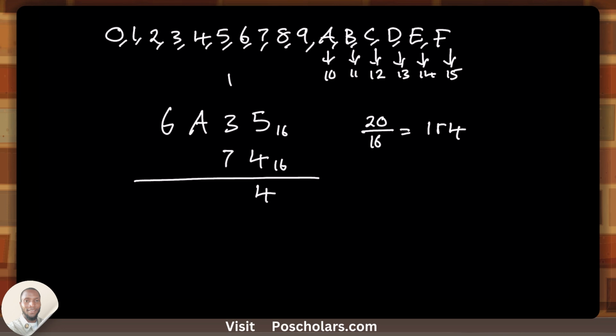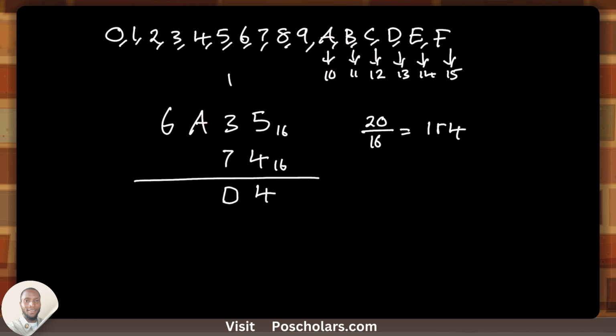Now, next, 4 times 3 gives 12 plus the one you carried, 13. It is less than 16, so you can write it. But what does 13 represent? 13 represents D, so you write D. Next, 4 times A. What does A represent? A represents 10. So 4 times 10 gives 40.